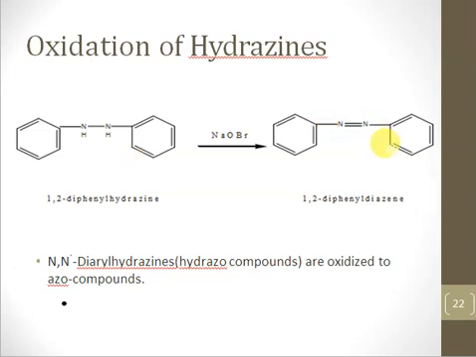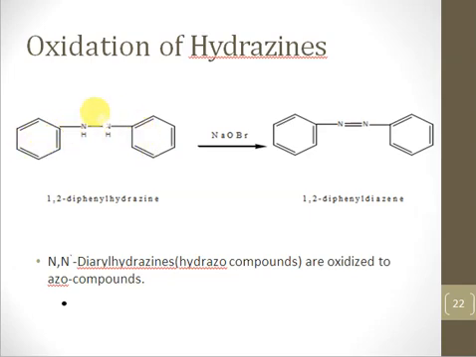So whenever you have to convert a hydrazine into an ene system, meaning with a double bond between them, this is known as the aza compound, right? So this diazine is basically an azo compound, right? So whenever you have to convert this hydrazine into an azo compound, it's compulsory that this hydrazine should be disubstituted, right?